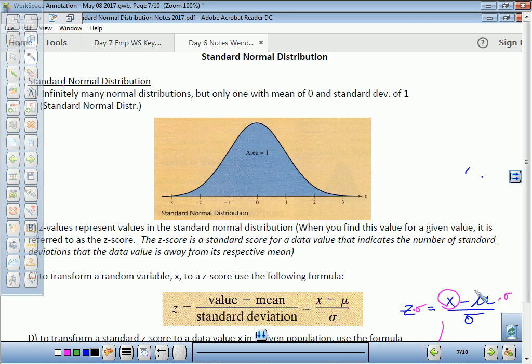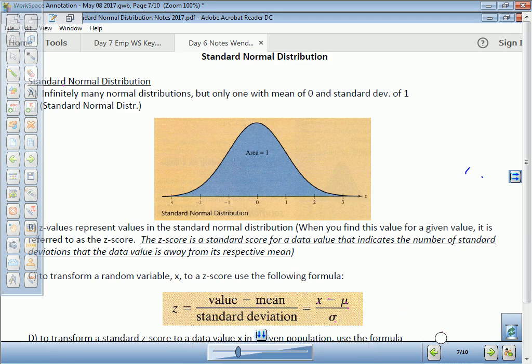Okay, so when you guys came in, you picked up two sheets. One looks like this, except it's not colorful. And the other is a chart. So today what we're going to do is actually get to the statistics where we can do comparisons. We looked at normal distributions on Friday.